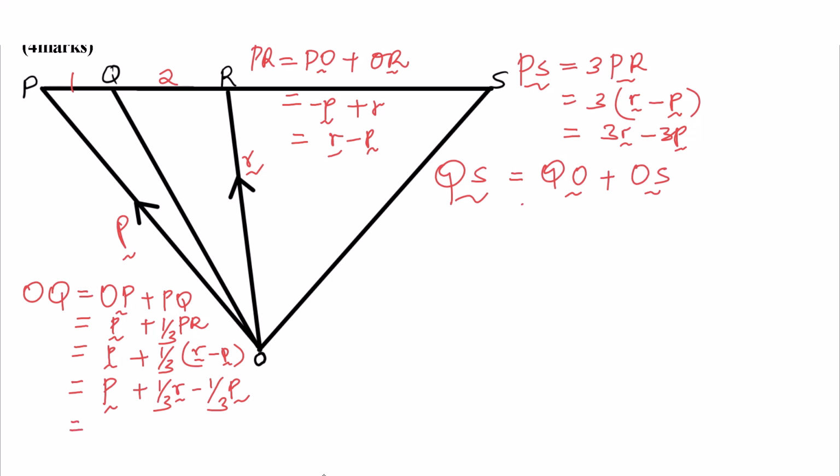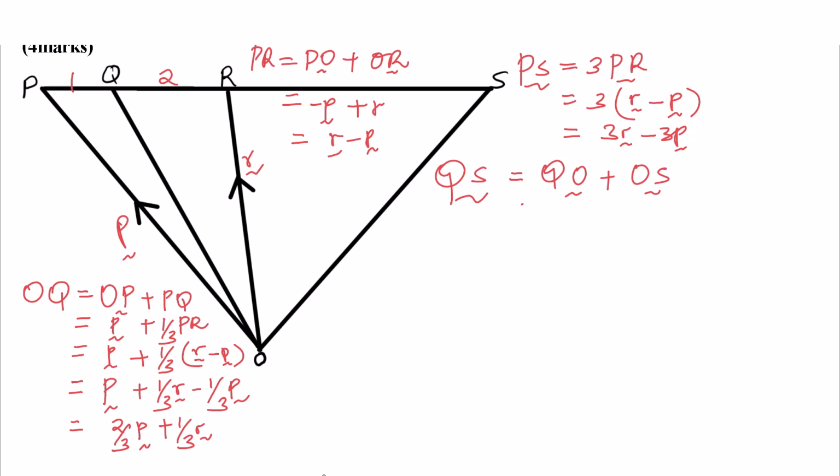So p minus a third p is 2/3 p, then plus a third r. So that is OQ. Why was I getting that vector OQ? So that it can assist me in getting QO. If we get OQ, it is very easy to get QO.